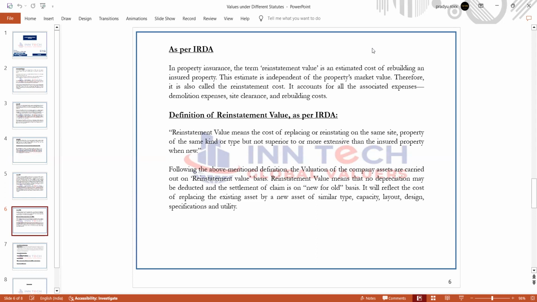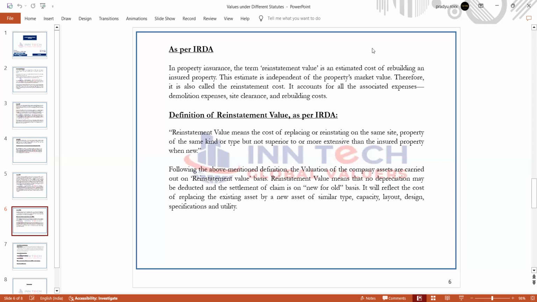So what you have to do as an insured is insure for the actual cost, or the reinstatement value. Every year, whenever you go for renewal of the insurance policies of the asset, the banker or anyone who wants to take it will require it to be taken for the reinstatement value.